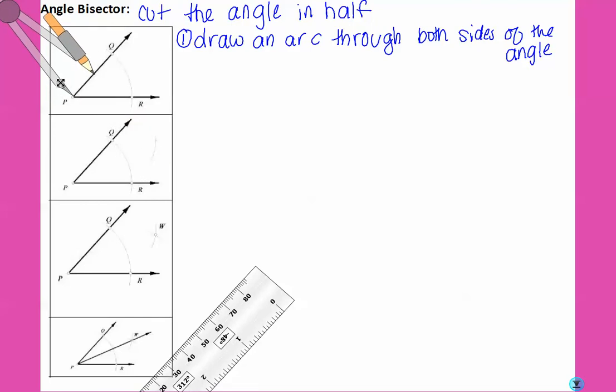So remember, the center of the compass goes on the vertex of the angle, and then I'm going to draw an arc that goes through both sides of my angle.